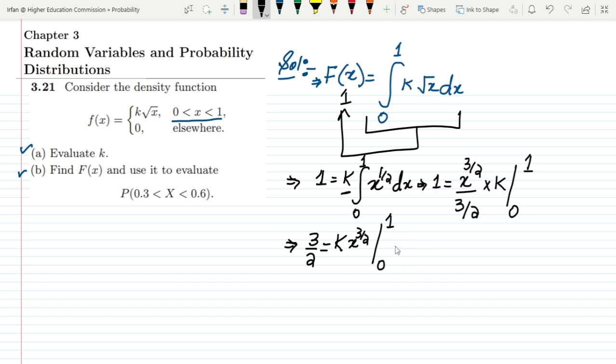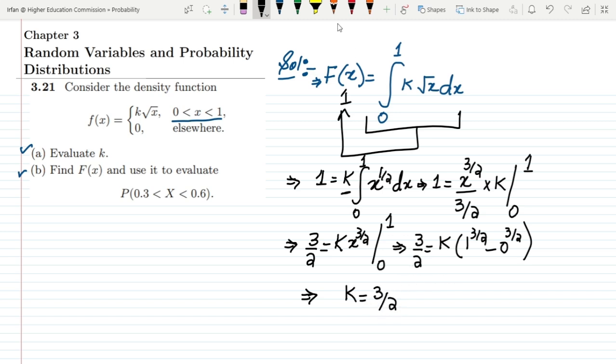Okay, now putting these values here for x, I will get 3 by 2 is equal to k times 1 to the power 3 by 2 minus 0 to the power 3 by 2. Okay, and ultimately the value of k will be 3 by 2.